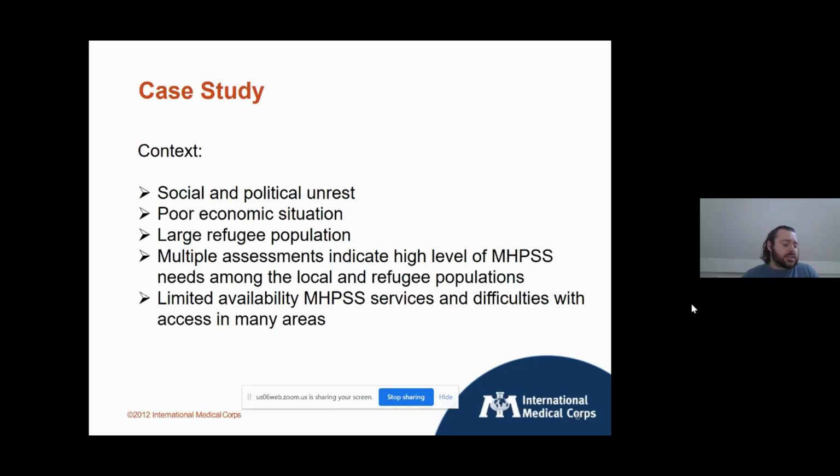In addition to this, in more recent years, other forms of adversity have come up in terms of social and political unrest. A lot of this has to do with the political and economic situation in Lebanon, which has been deteriorating and continues to deteriorate to this day, unfortunately.